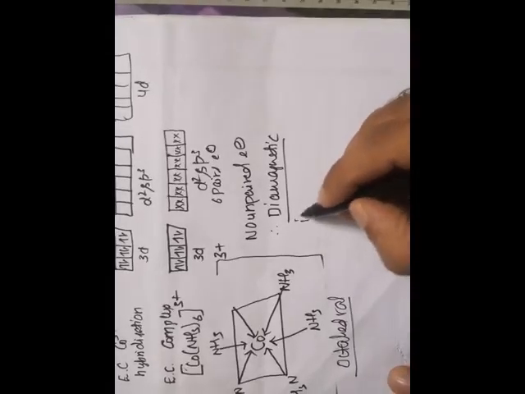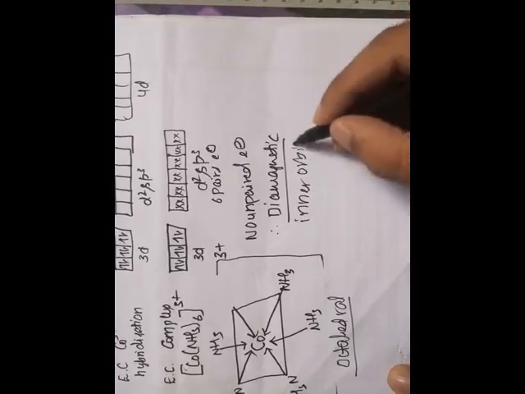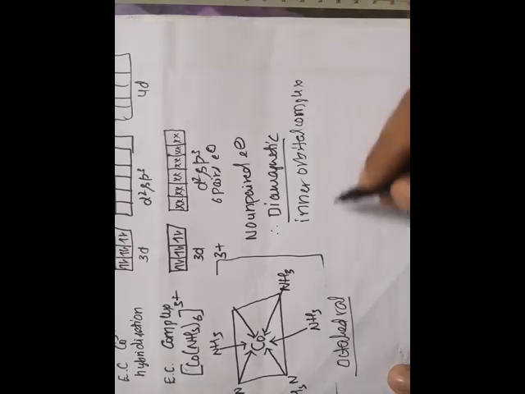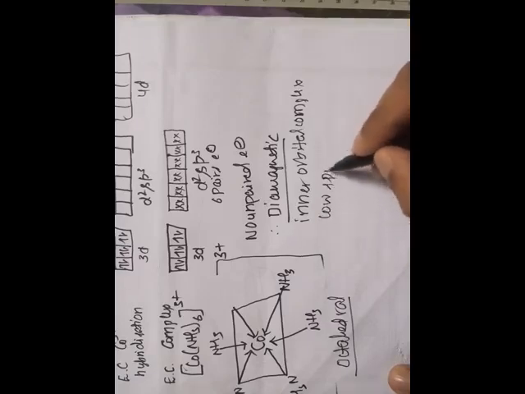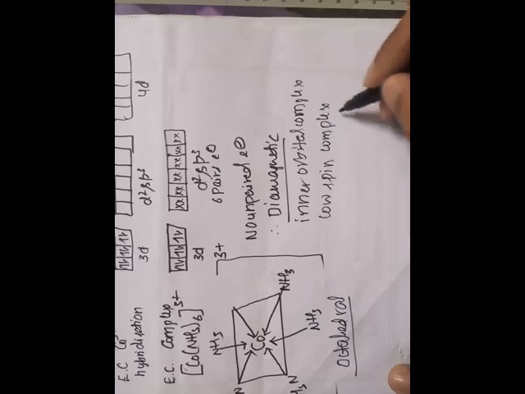Therefore, according to the valence bond theory, if inner d orbitals are involved in the hybridization, the complex is said to be an inner orbital complex, or you can also call it a low spin complex.